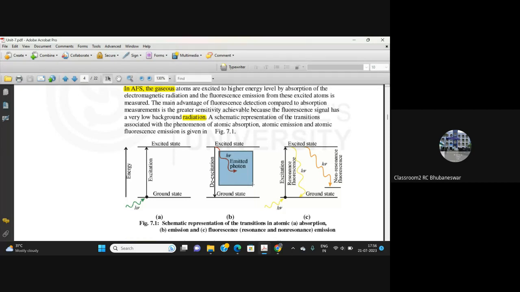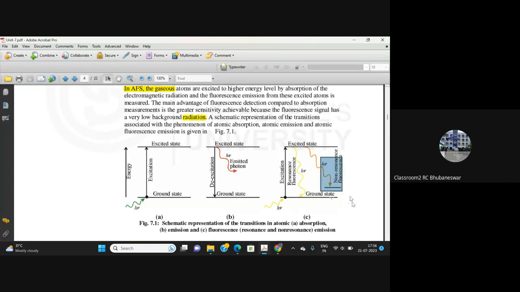But in the last class, if you remember, my point was that fluorescence always happens from the lower excited electronic state to the lower ground state. That is what is the real resonance fluorescence. Sometimes there is deviation, where non-resonance fluorescence happens.